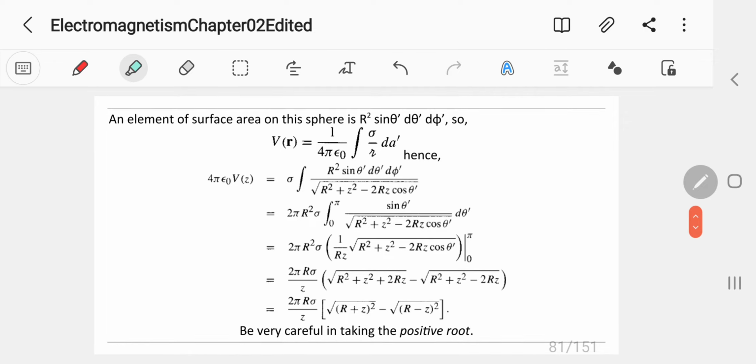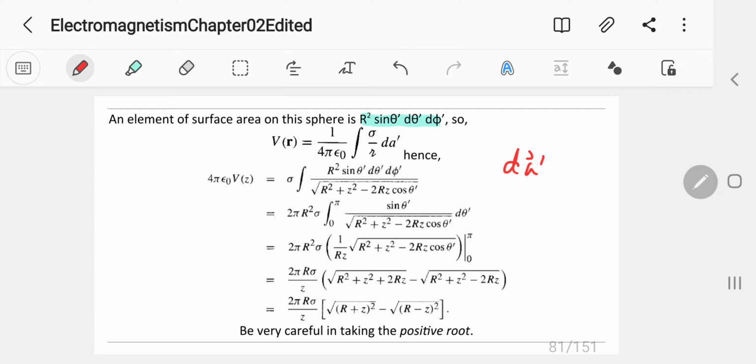So an element of surface area on this sphere is R, capital R. Why capital R? Because the dA is at the surface, and so you have the radius R there.